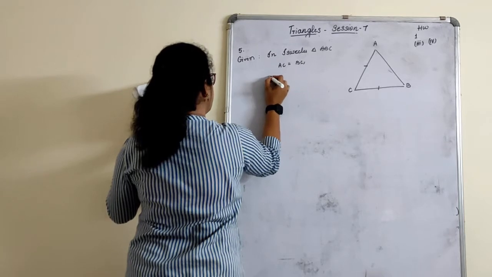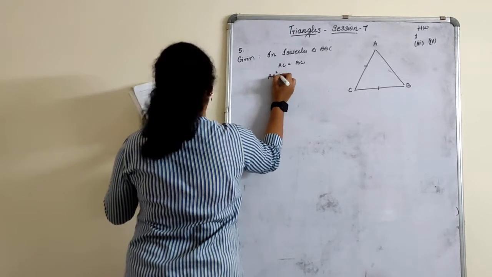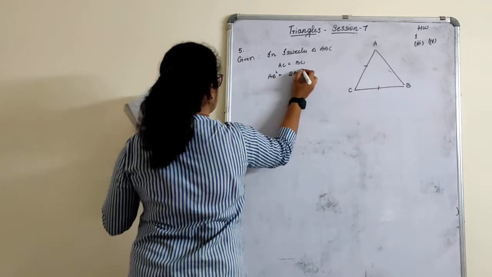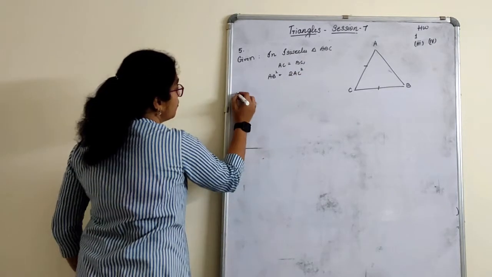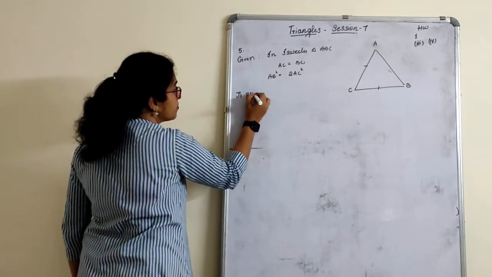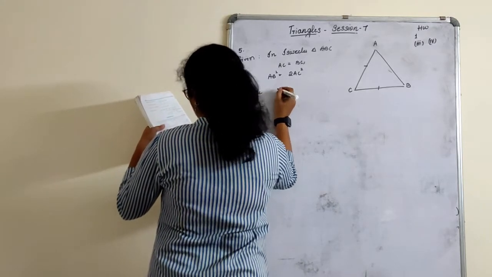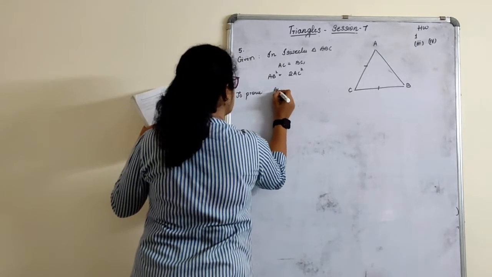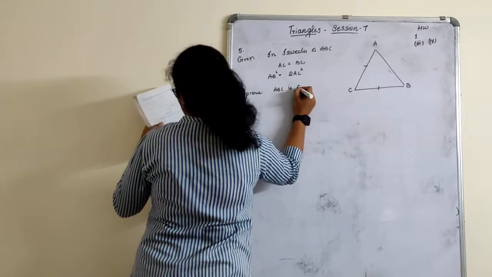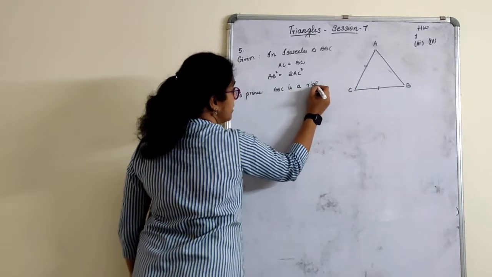Along with that, they have given AB square is equal to 2 times AC square. What we have to prove? To prove that ABC is a right triangle.